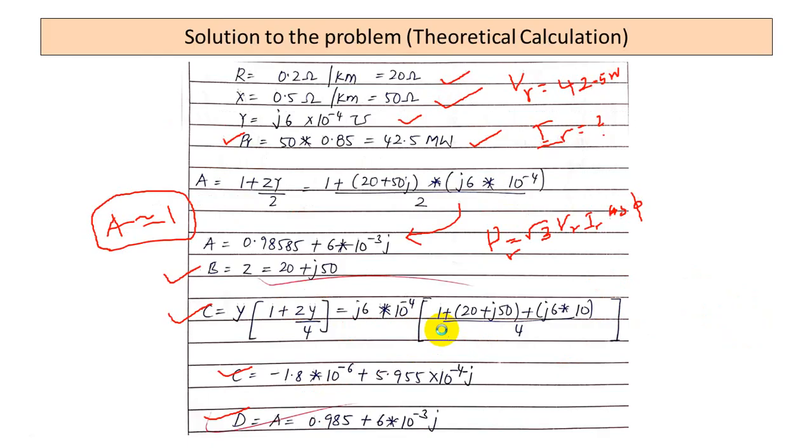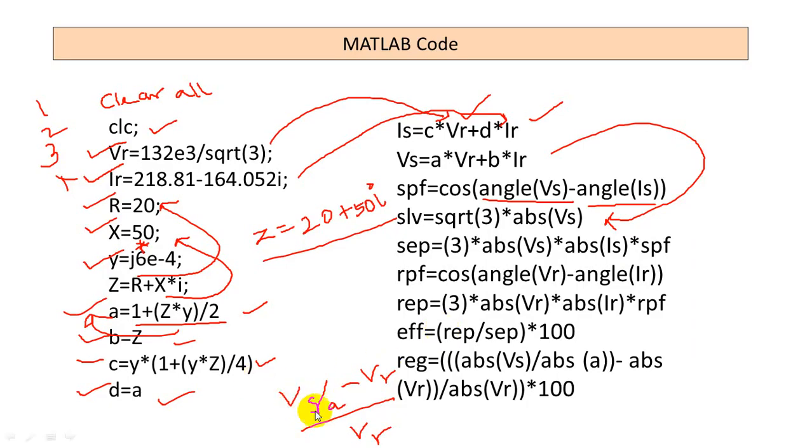Hence we write Vs by A. Usually people will not write A, because the value of A is almost equal to 1. So Vs minus Vr divided by Vr will give you your regulation value.